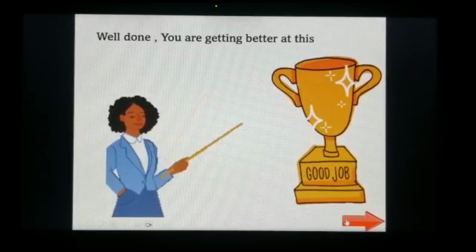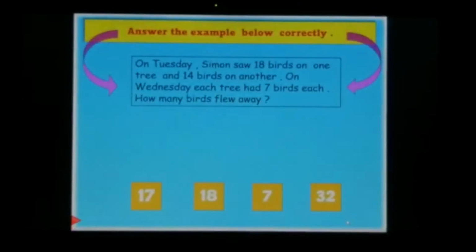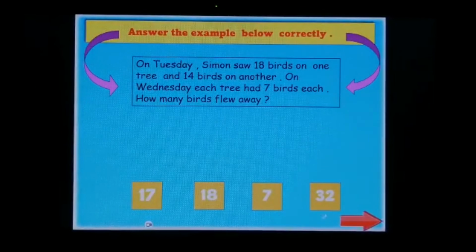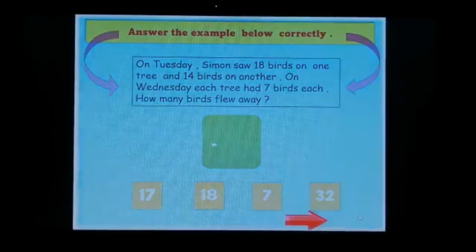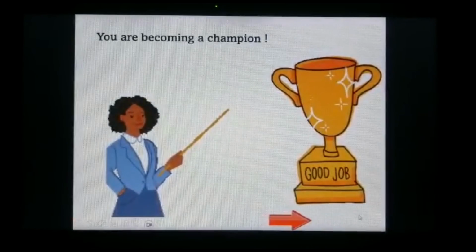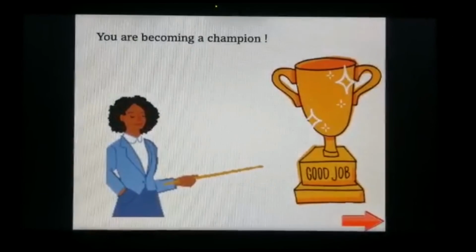There we go. As I said, it's getting better and better. Look at that, you're becoming a champion.